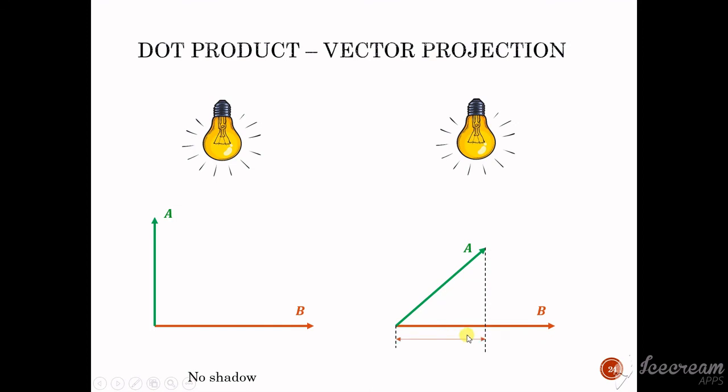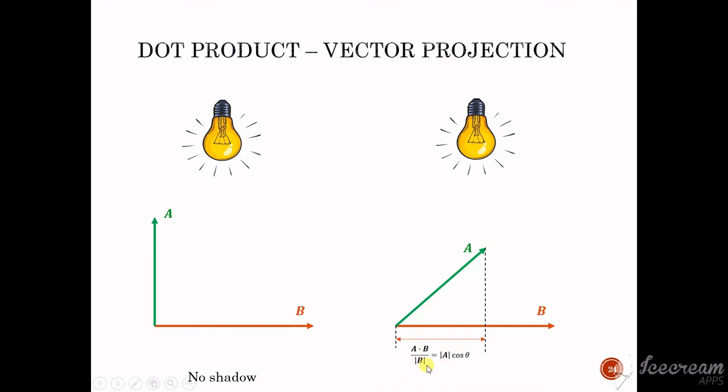The length of this shadow on vector B is known as the projection of vector A. Due to the light over here you can see a shadow, so this shadow is known as the projection of vector A along the length of vector B.